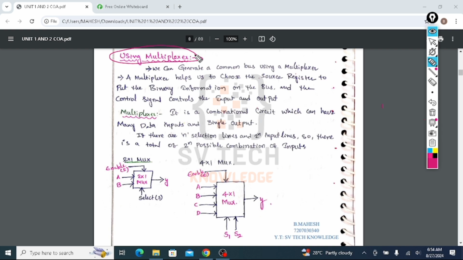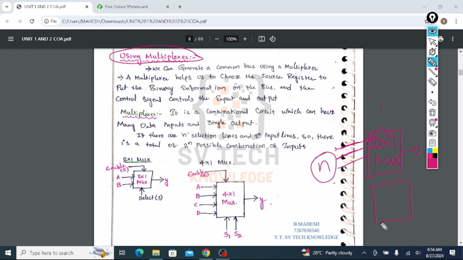Before going to the common bus construction, we should know what a multiplexer is. Simply, a multiplexer is a combinational circuit which takes n inputs and gives one output. Suppose it takes two inputs, then it is called a 2x1 multiplexer, because it is taking two inputs and giving one output.